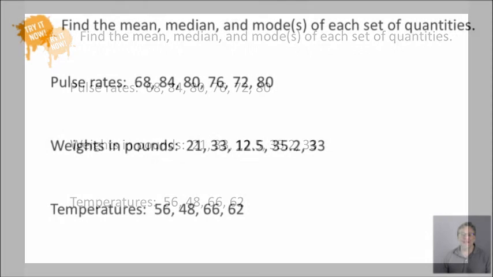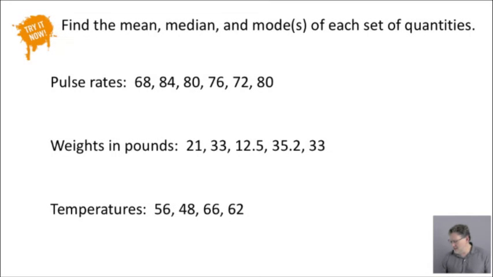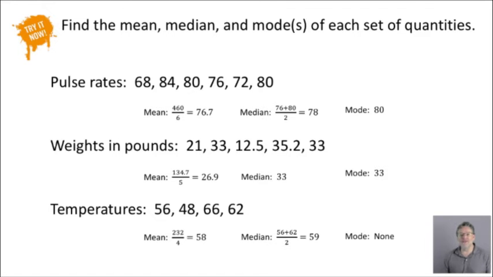Welcome back. Well, hopefully this gave some good practice for your newfound skills here. In this case, we have a pulse rate mean of 76.7, a median of 78. That's the average of those two in the center there, 76 and 80. And the most popular value, the mode, was 80.